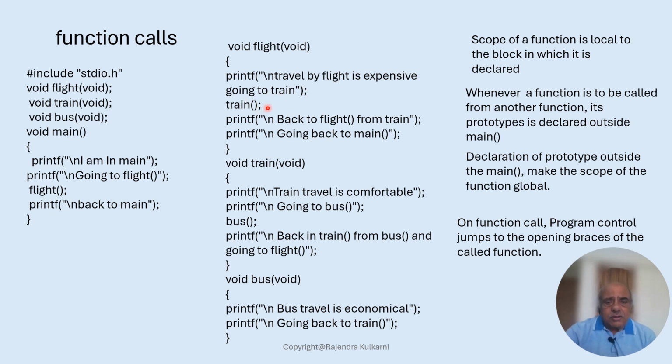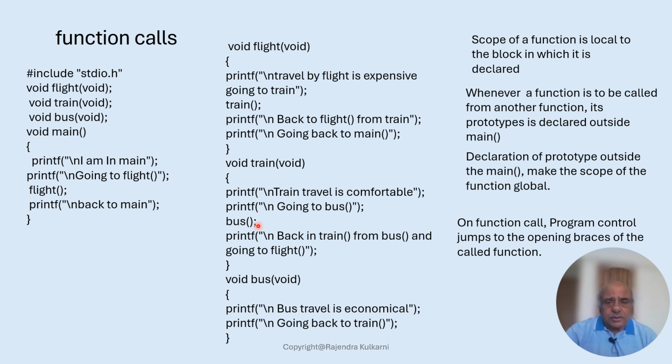Then it encounters a function train. So the program control jumps to the opening brace of the train function. It will execute one printf statement, then execute the printf going to bus, and there is a call for a function called bus.